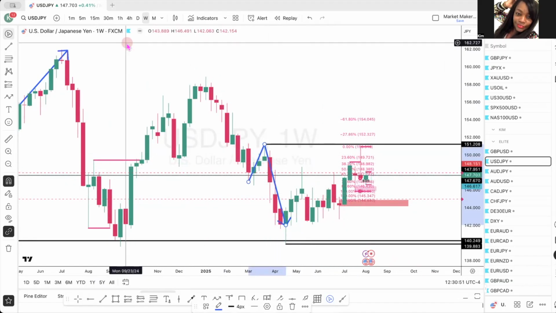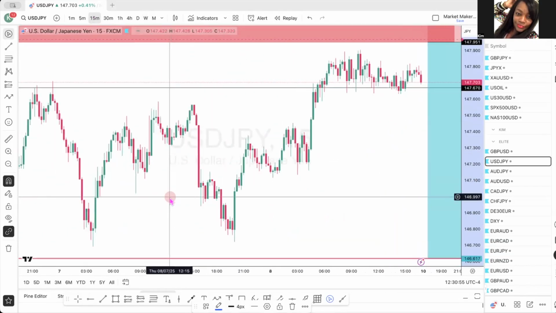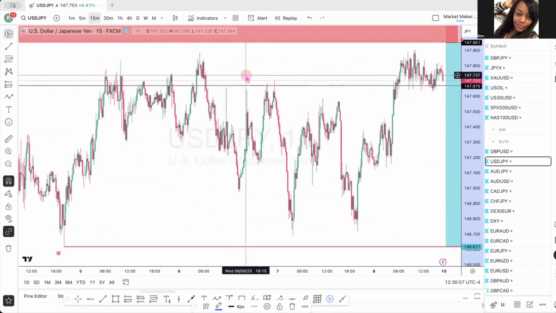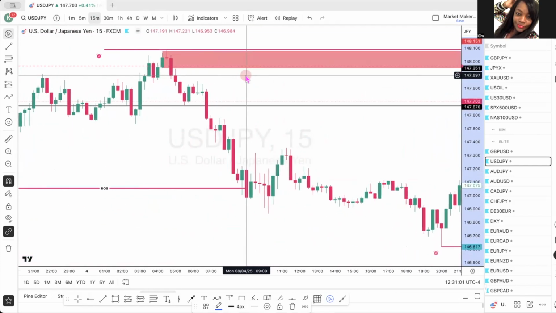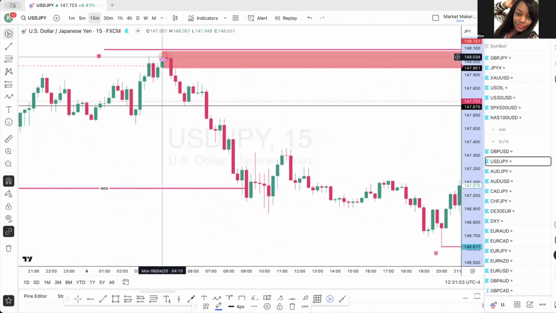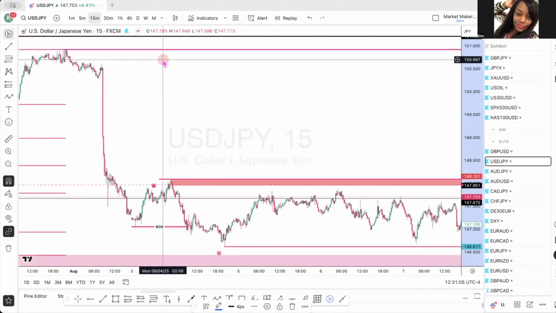So now price is either going to, and I think there was a 15-minute supply zone, as you can see, I have marked up here. You see the supply zone marked up right there, right?